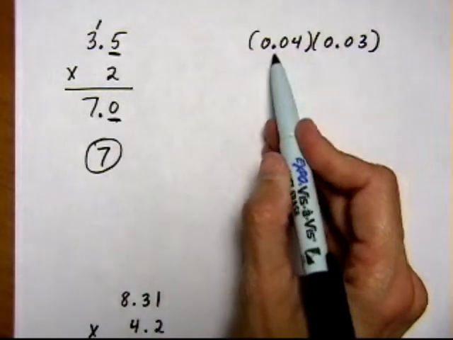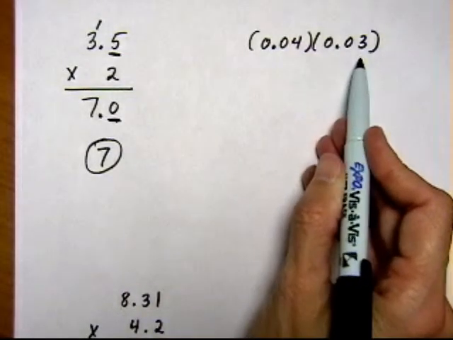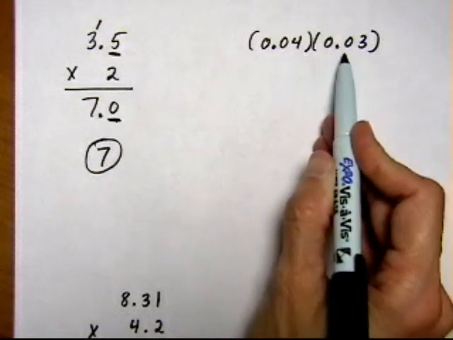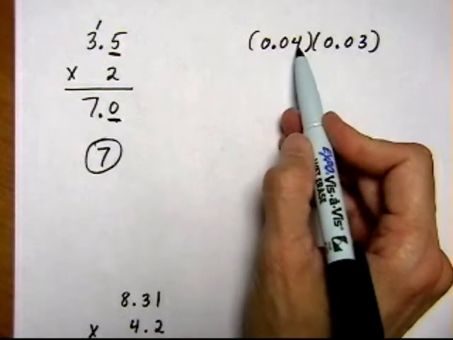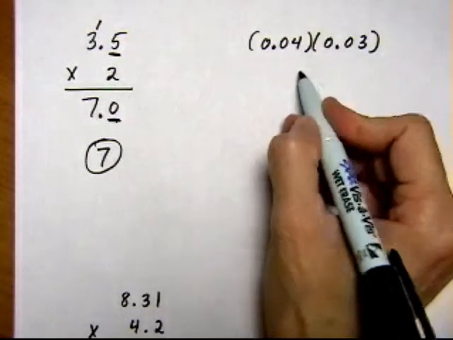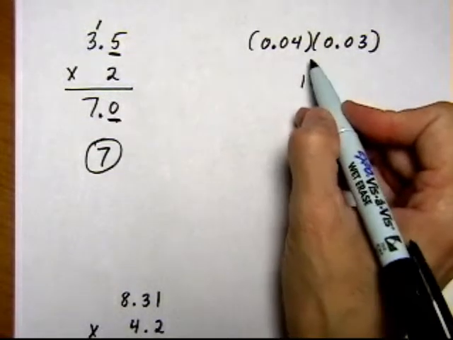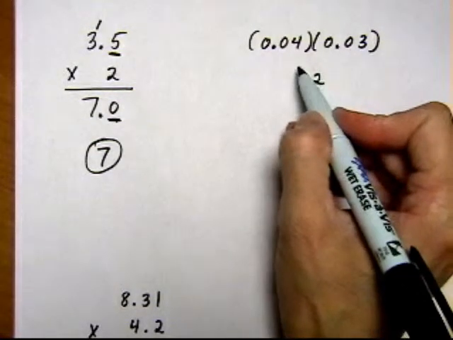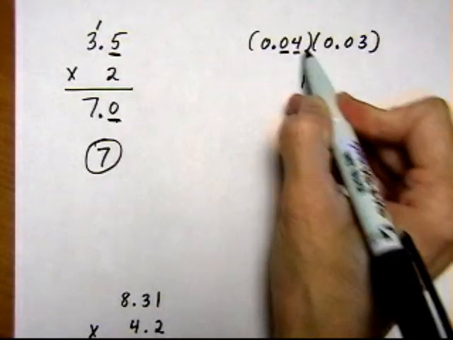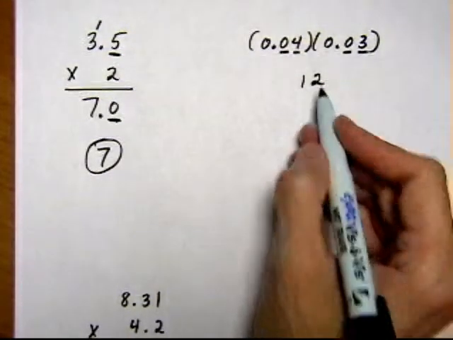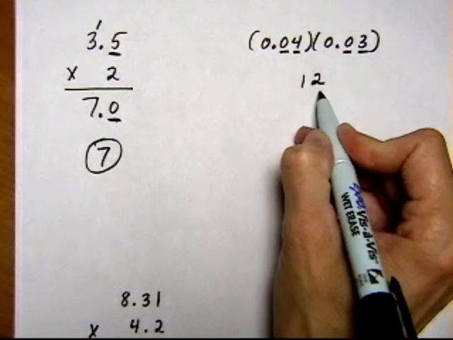So the next one, we have 0.04 times 0.03. Using that same idea, I'm going to ignore the decimal points, and basically what I have is 4 times 3. 4 times 3 is 12, so I put 12, and then I count up the decimal places that are in the multiplying numbers, which is 2 places here and 2 places here, so I need 4 decimal places in my final answer.